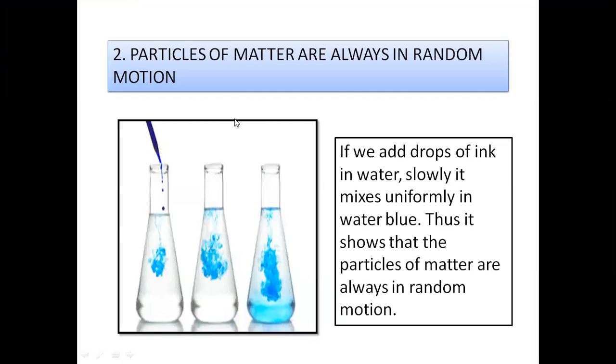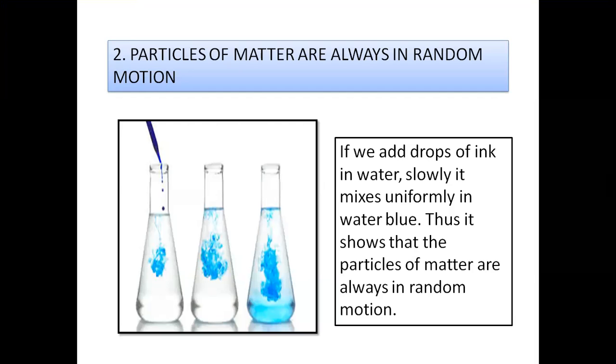Next is, particles of matter are always in random motion. This we will prove. The second characteristic of matter is that particles of matter are always in random motion.